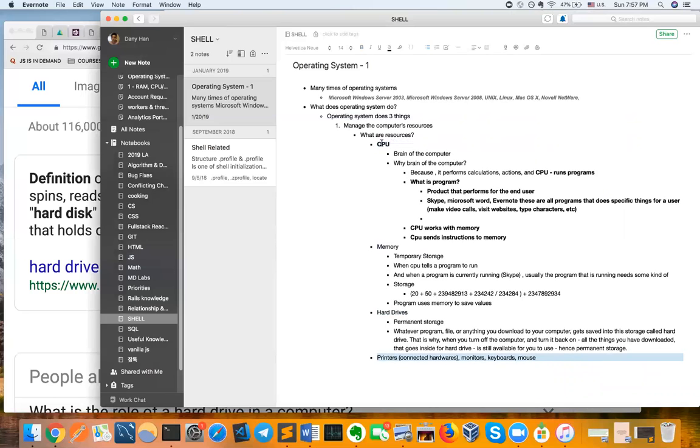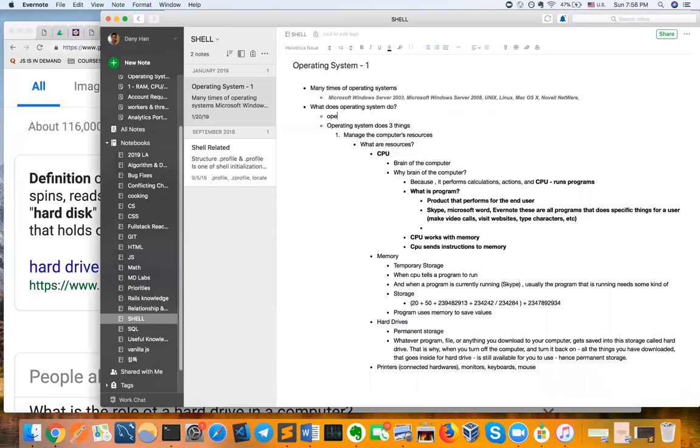So there you go. We finished all these big components. So the operating system does three things. First, manage the computer's resources, which are the CPU, memory, hard drive, and printer. Yep, that's what the operating system does. It's also important to realize that the operating system is also a program.